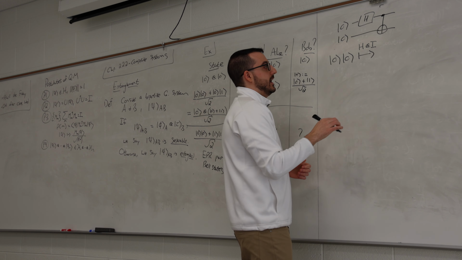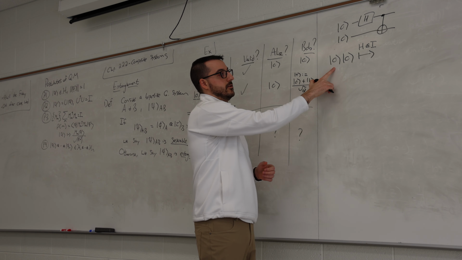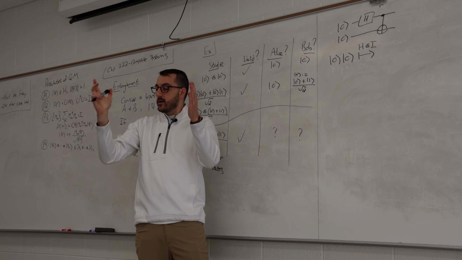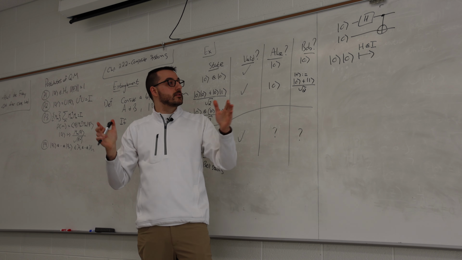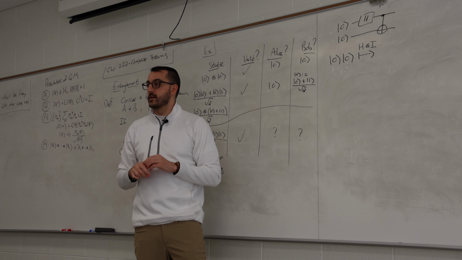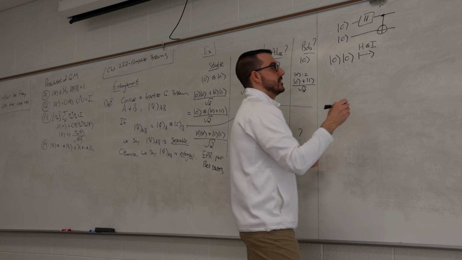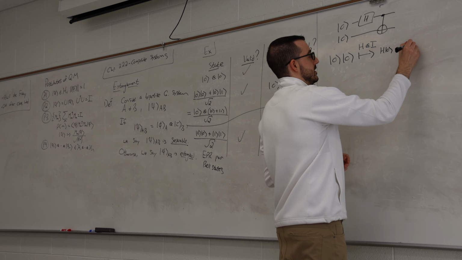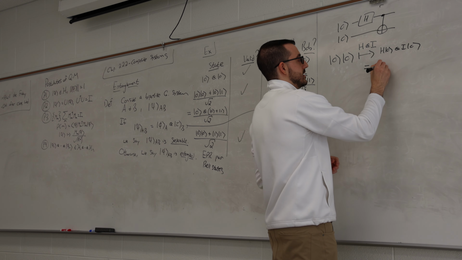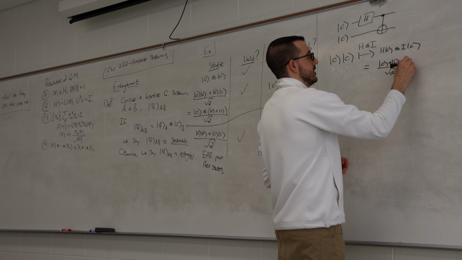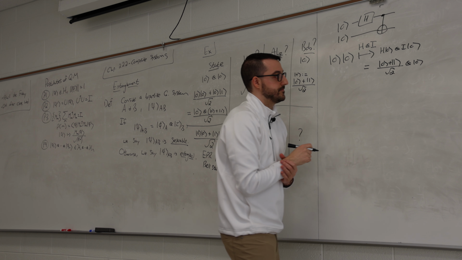So this means that I have to apply Hadamard to the qubit on the left and identity to the qubit on the right. Remember our definition of how we apply a tensor product of operators to a tensor product state. You do it on either side of the tensor product, right? So this is going to be equal to Hadamard 0, tensor identity 0. And recall that that's going to give us 0 plus 1 over the square root of 2, tensor 0.